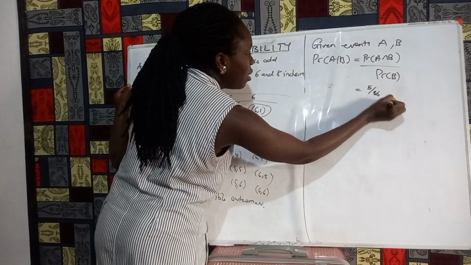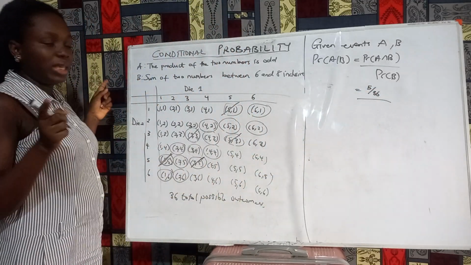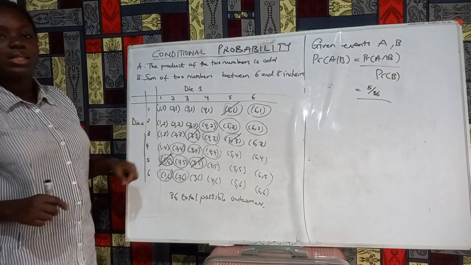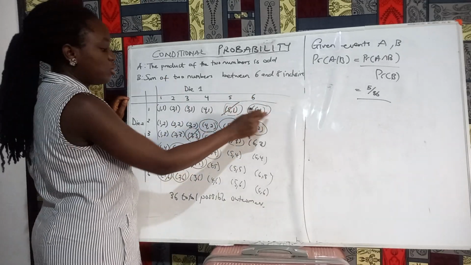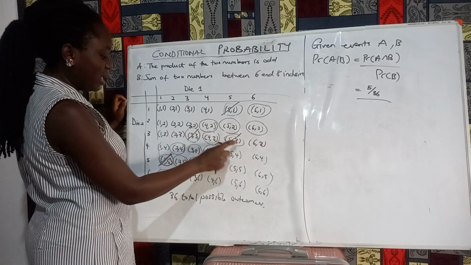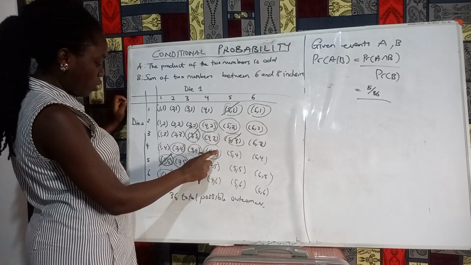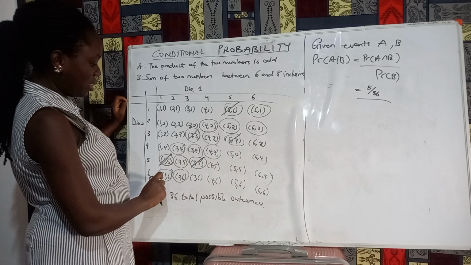Then let's try and find the probability of B. That is the sum of the two numbers between 6 and 8 inclusive. Those are all the outcomes that are circled. So we have 1, 2, 3, 4, 5, 6, 7, 8, 9, 10, 11, 12, 13, 14, 15, 16.